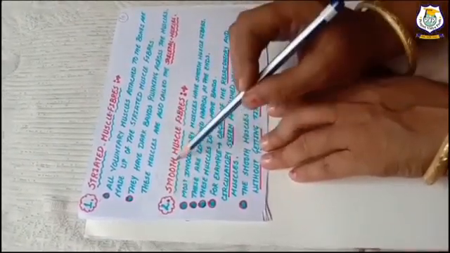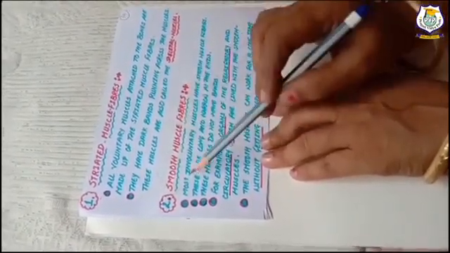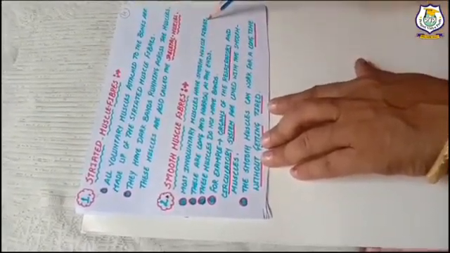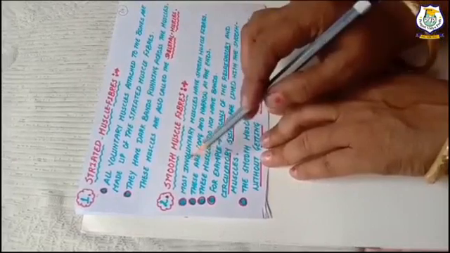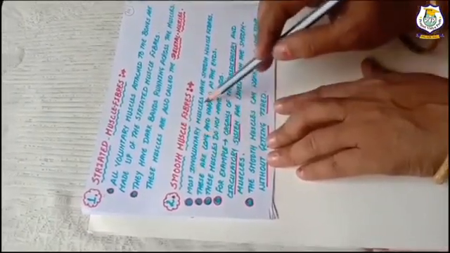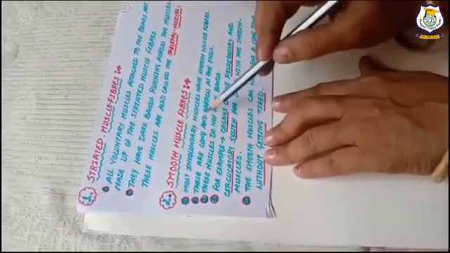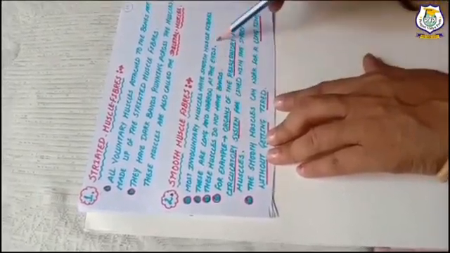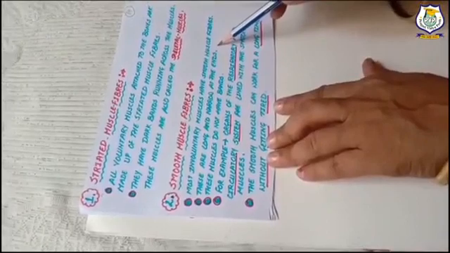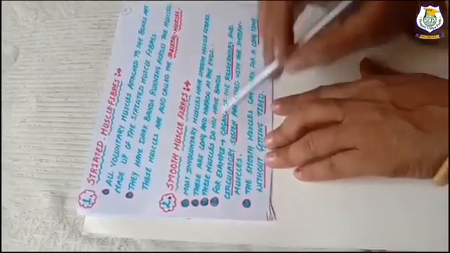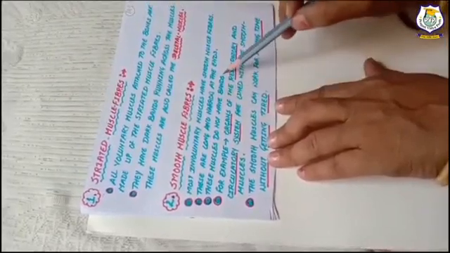Second, smooth muscle fibers. Most involuntary muscles have smooth muscle fibers. These are long and narrow at the ends. These muscles do not have bands.